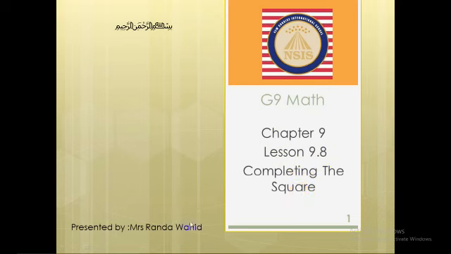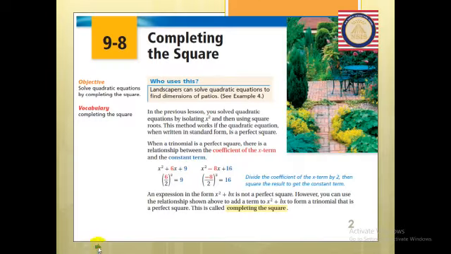Last session we took how to solve a quadratic function if it has a perfect square or by using the square root. If you remember, if I have x power 2 equals 9, how can I find the value of x or the solution of this equation?